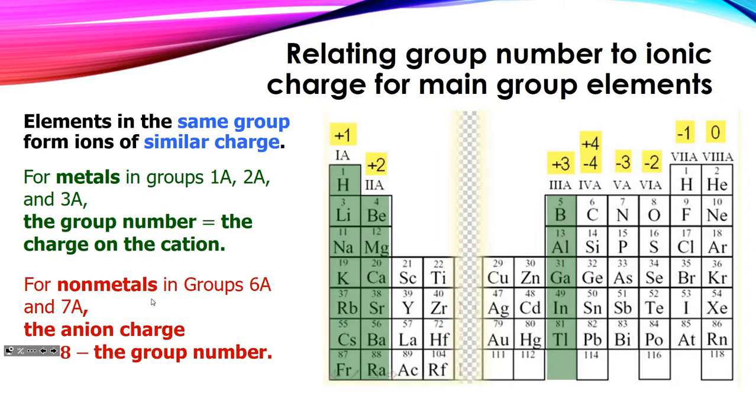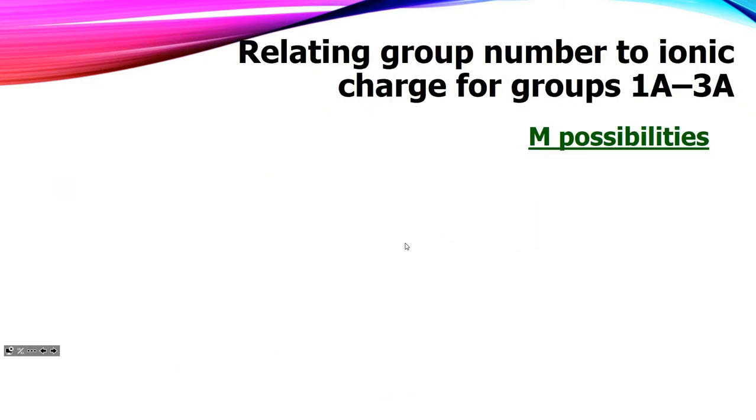For the non-metals, nitrogen, oxygen, and fluorine's column, notice hydrogen is included here because hydrogen's sort of funky. It can go +1 or -1. We just take whatever group number it is and how many does it need to get to the noble gas. So here I am, I need 1 more to get to a noble gas. Here I am, I need 2 more. Here I am, I need 3 more. That's where we get the charges.